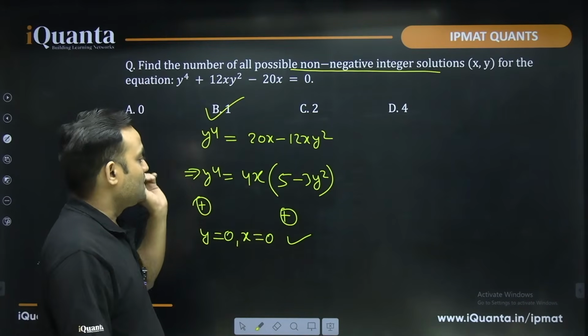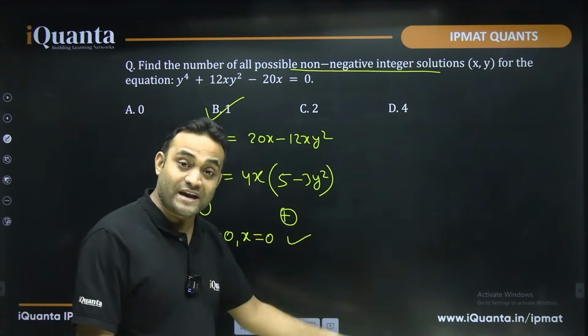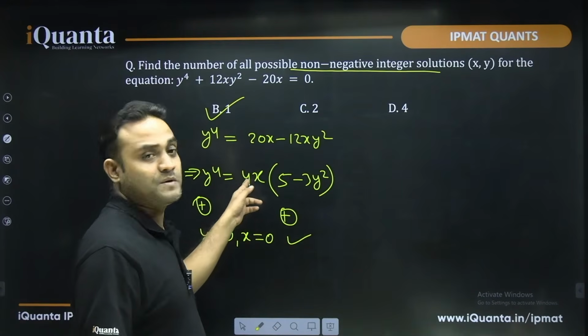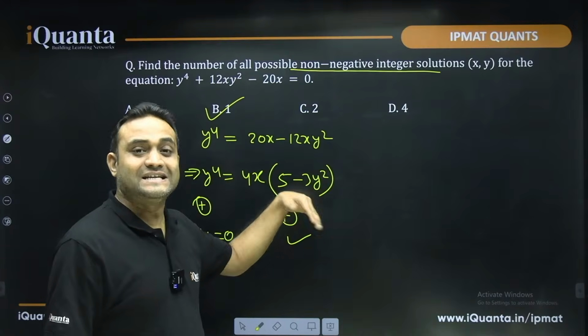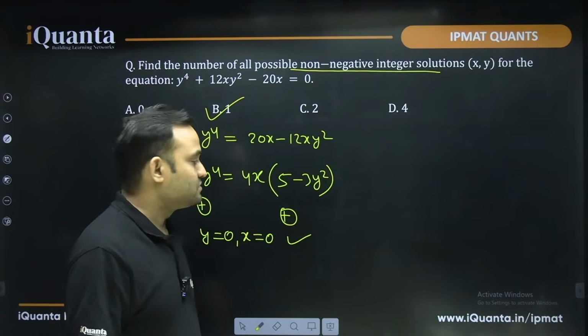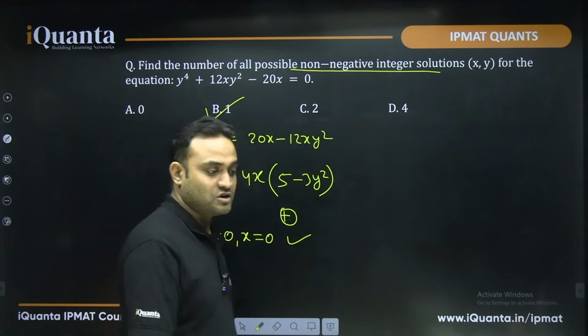So again, this left hand side is positive. 4x will always be positive if not 0. But if you take the value of y anything greater than 2, it will become negative, and that won't be possible. If you take y is equal to 1, that is not possible anyway. So only one solution possible.